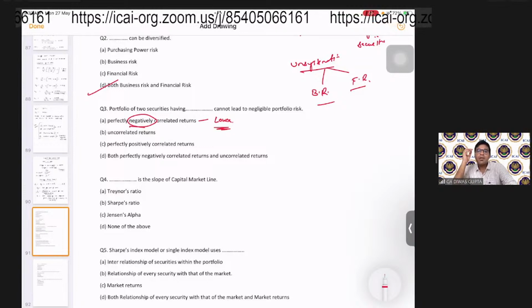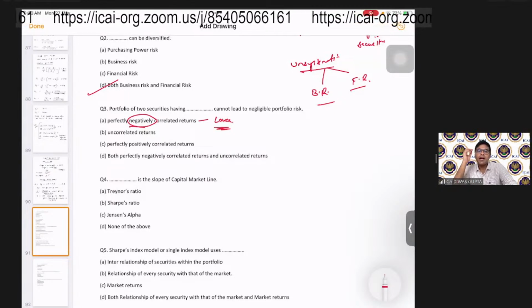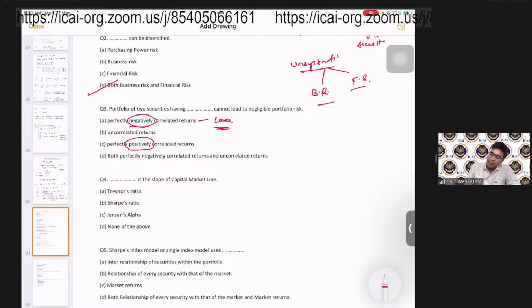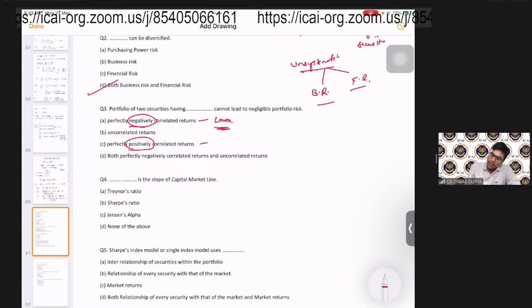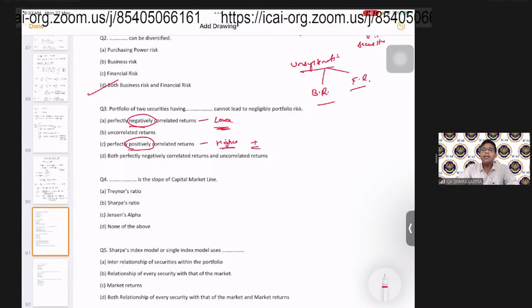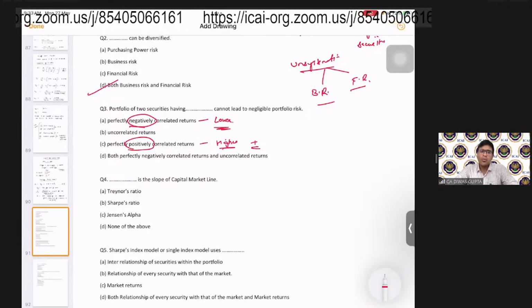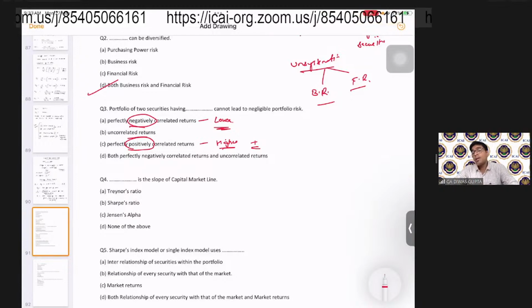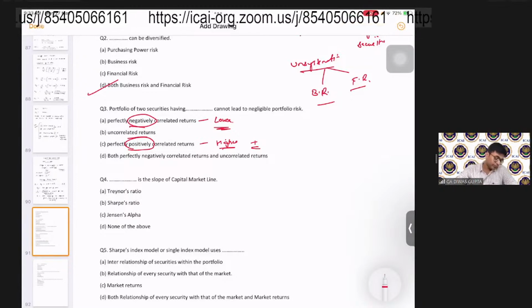Viraj, risk will be lower, not higher. For perfectly positively correlated, it will always remain higher because it gets added in relation to the proportion. For uncorrelated returns, there is a possibility it will be negligible.